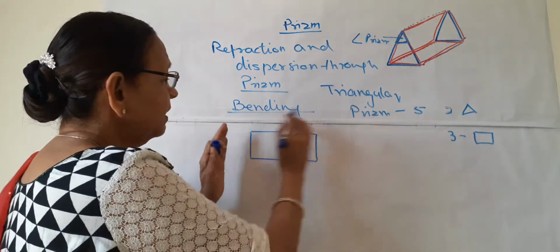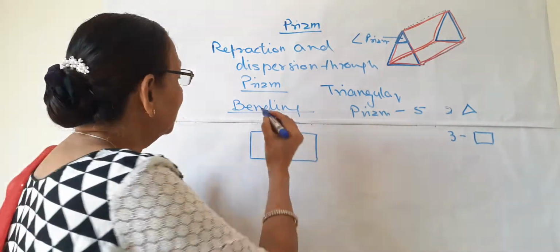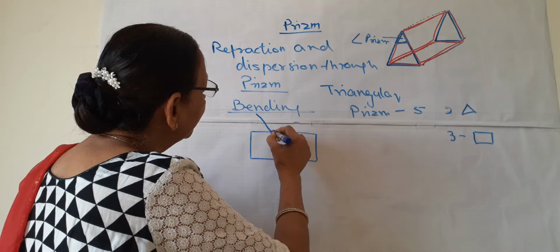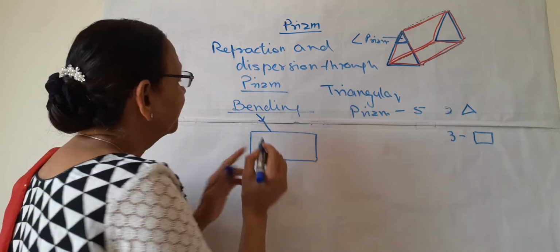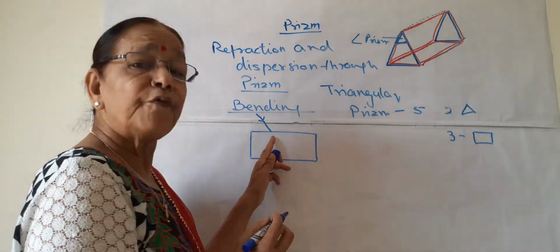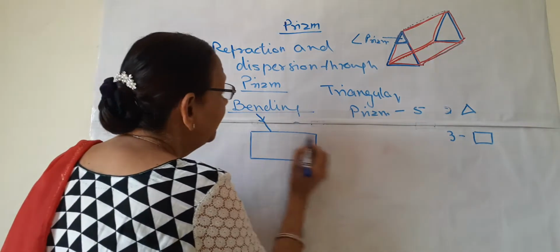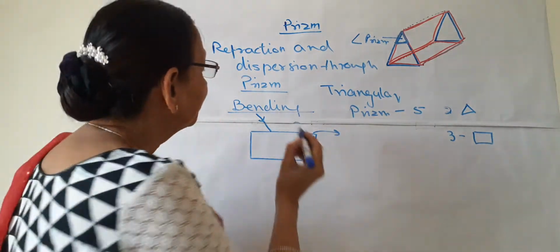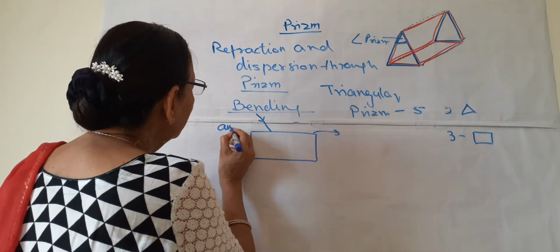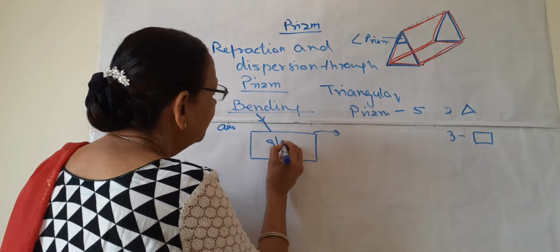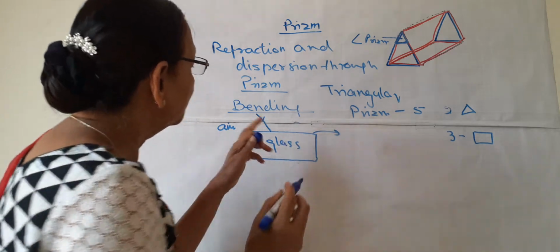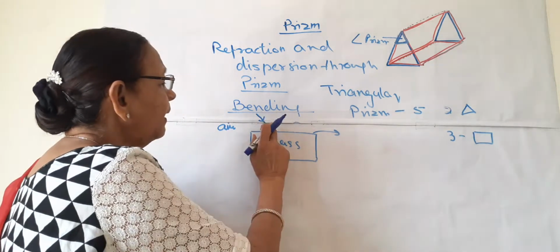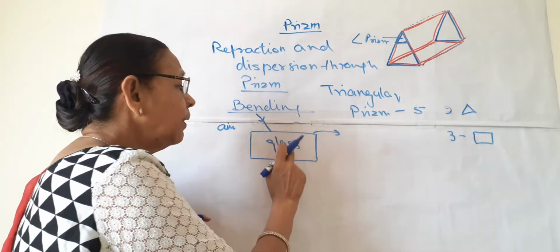If this is a rectangular slab and a light ray is incident, incident means it is falling on this interface of the slab. This medium is air, suppose, and this slab is of glass. So this light ray enters from air to glass.